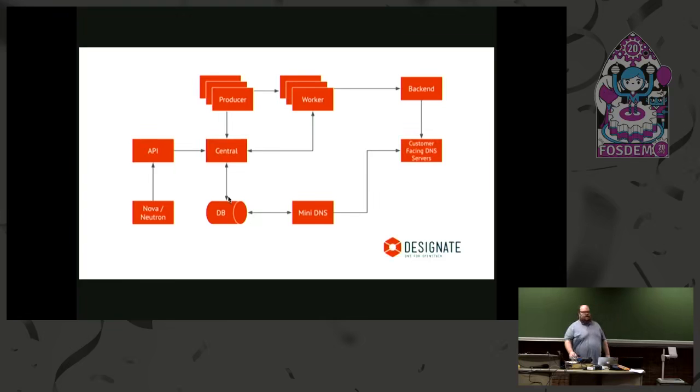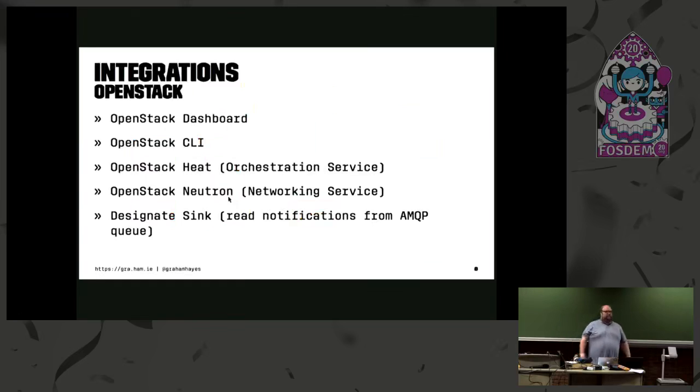So you can tag an OpenStack Neutron network with a DNS domain, and then when you create any new port on that network and you provide a DNS name, it'll auto-generate the A or quad A records and the pointer records for that IP address. So we're pretty well integrated into the overall OpenStack ecosystem.